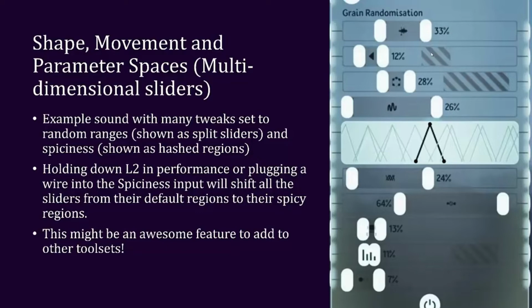So I can easily make sounds that have widespread randomization on all of their sliders. So whenever I press a note, it'll be totally different and varied. But then if I start pressing down L2, I can blend the entire sound to a different parameter set. And I can do that as I'm performing and also record that transformation. So in a sense, it's almost like an effect field applied to your sound, on your L2 button.